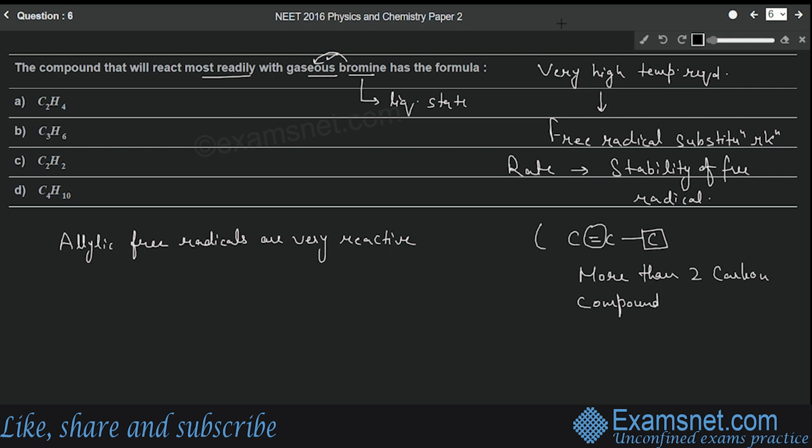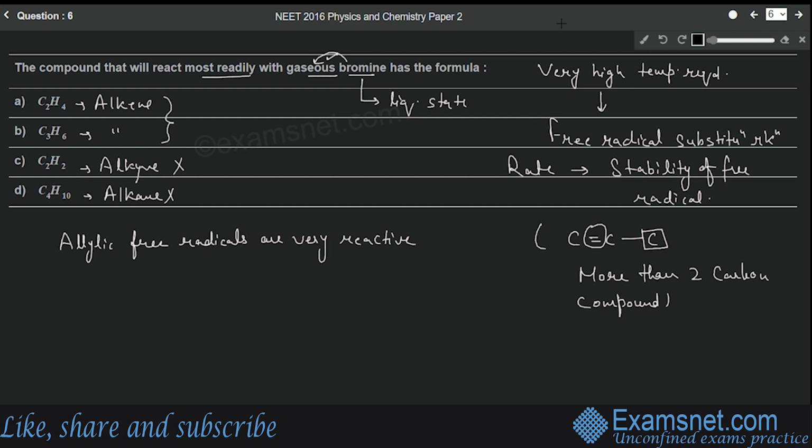Because the double bond is required. Now in the given options, the first one is an alkene, second one is also an alkene, third one is an alkyne. So this will not be the most reactive one. And the fourth one is an alkane. This is also not the most reactive one, because for that we need an alkene.